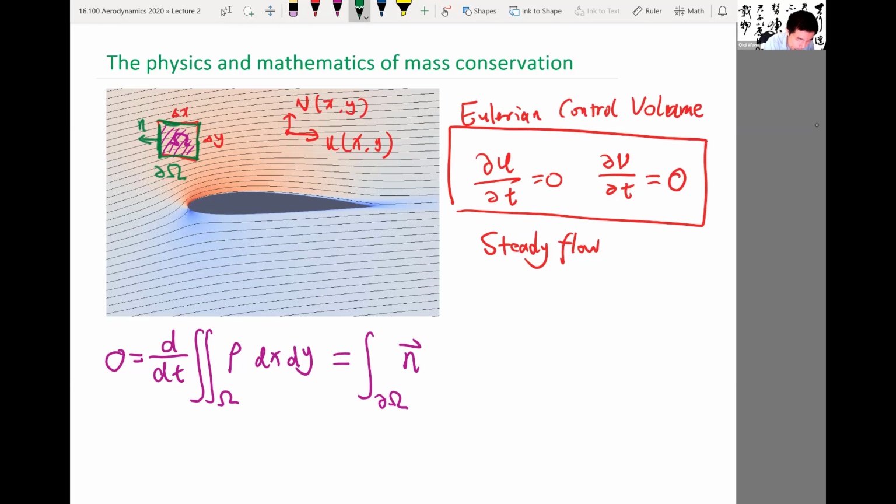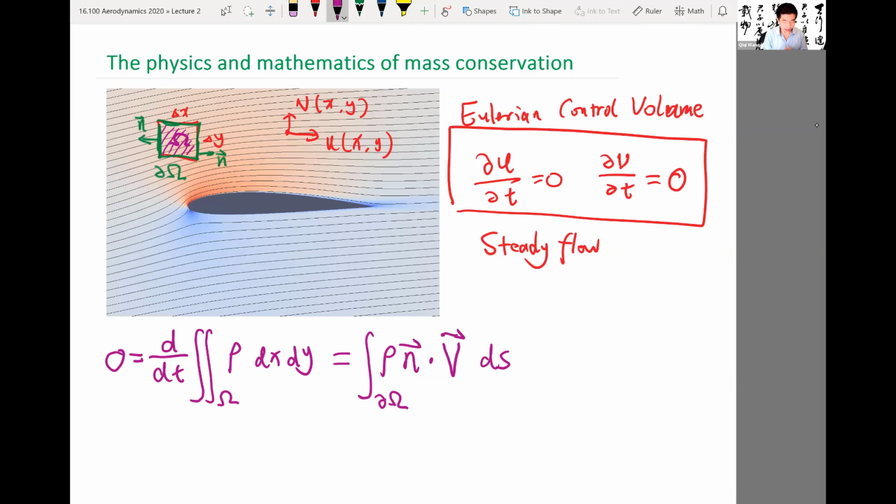So that's the normal, that's the normal. Okay, so the normal times the velocity as a vector. So the x component is small u and the y component is small v, right? And we also multiply density over here times ds. And ds is a small element on the boundary of this control volume. So this is the mass conservation we started with in Unified.